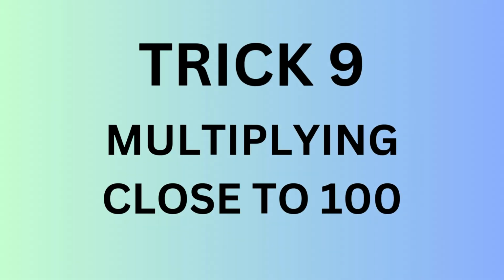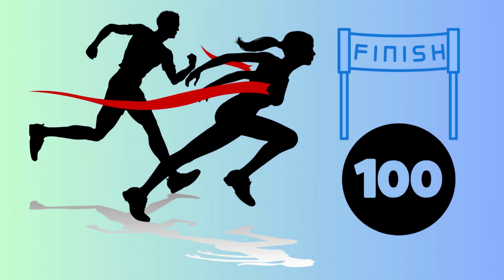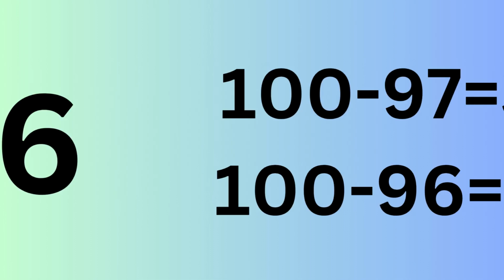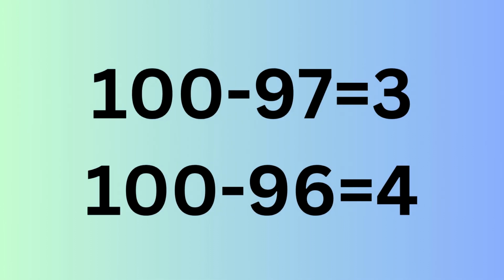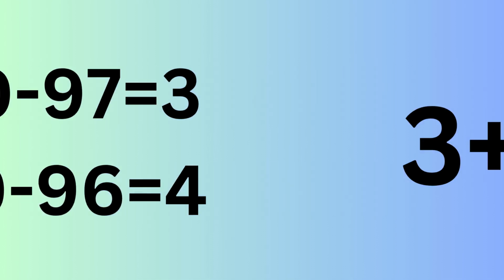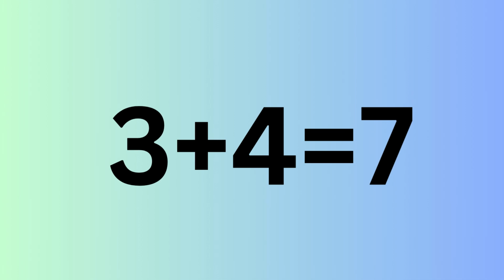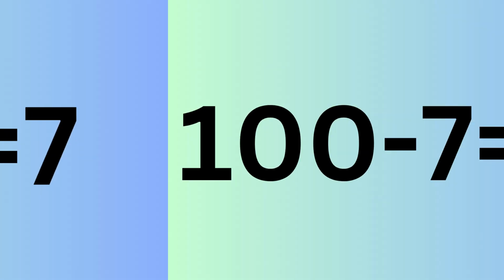Trick 9. Multiplying numbers close to 100. If two numbers are close to 100, use this trick. Let's try 97 by 96. Subtract each number from 100. 100 minus 97 is equal to 3, 100 minus 96 is equal to 4. Add the results, 3 plus 4 is equal to 7.